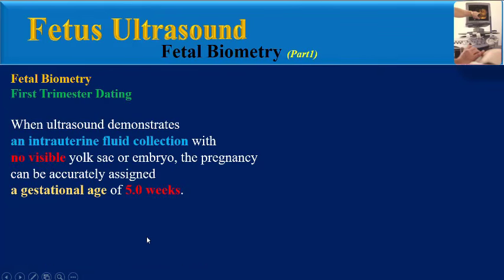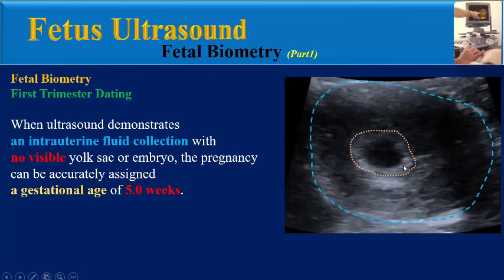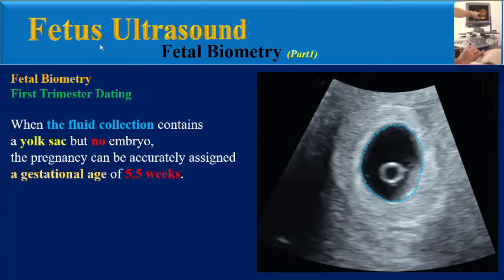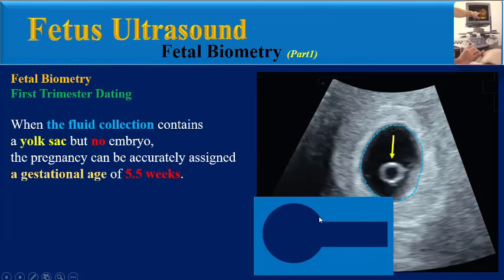When ultrasound demonstrates an intrauterine fluid collection with no visible yolk sac or embryo, the pregnancy can be accurately assigned a gestational age. When the fluid collection contains a yolk sac but no embryo, the pregnancy can be accurately assigned a gestational age of 5.5 weeks.